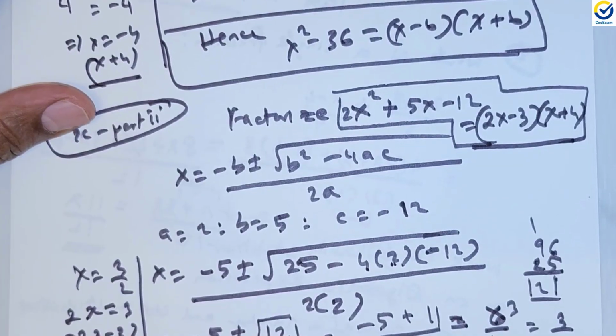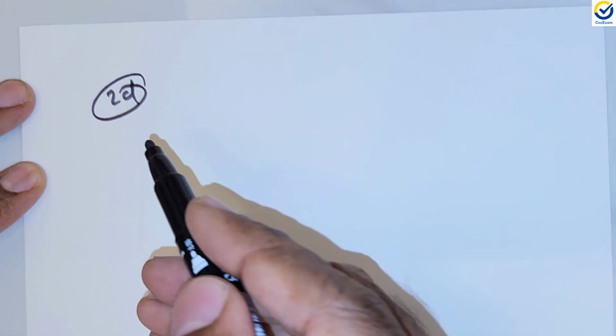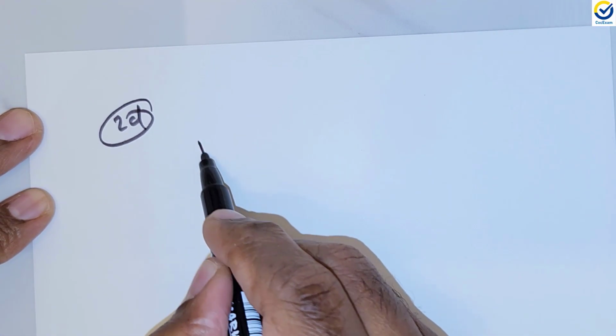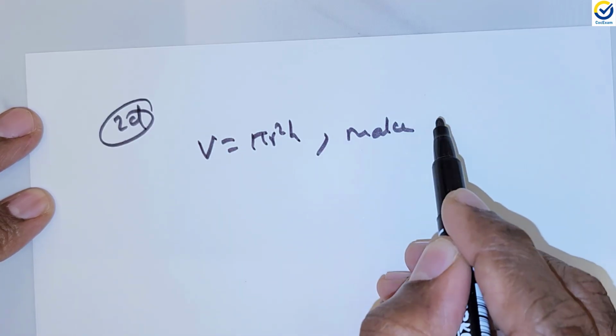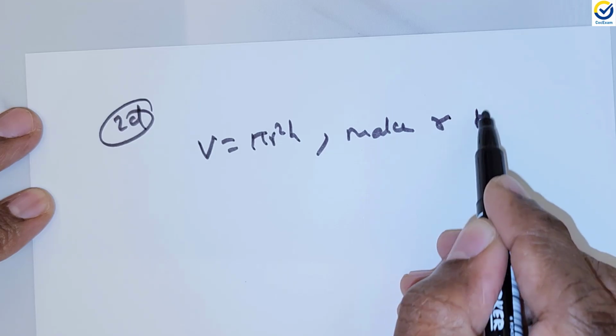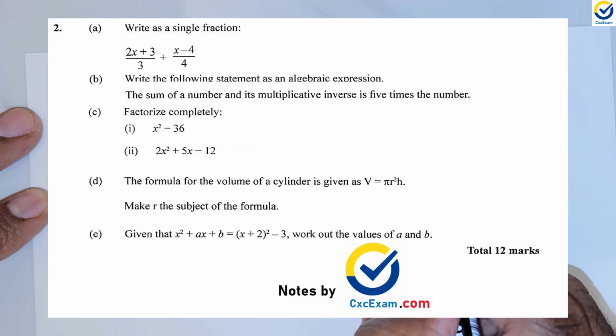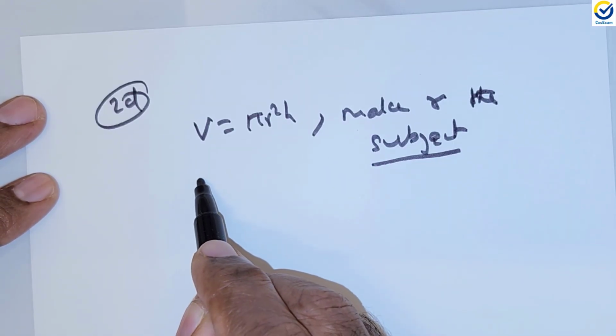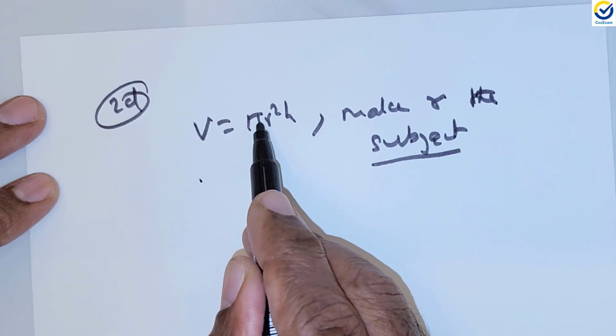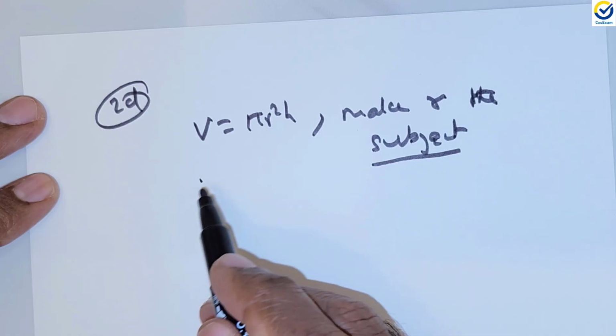We move on to the next one. Now this is the next question, 2D. We are given V is equal to pi r squared h. They are asking us to make r the subject of the formula. We need to push pi and h down.